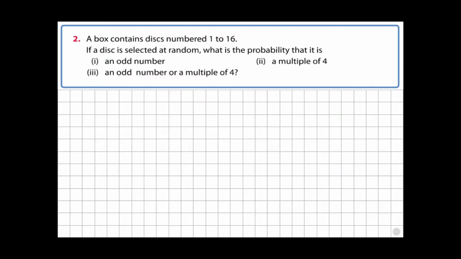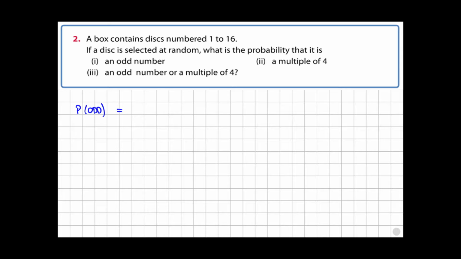We look here, question 2. So a box contains discs numbered 1 to 16. If a disc is selected at random, what's the probability that the disc will be an odd number? Okay, the first one there is the probability that it will be an odd number. Okay, so it has all the discs from 1 to 16.